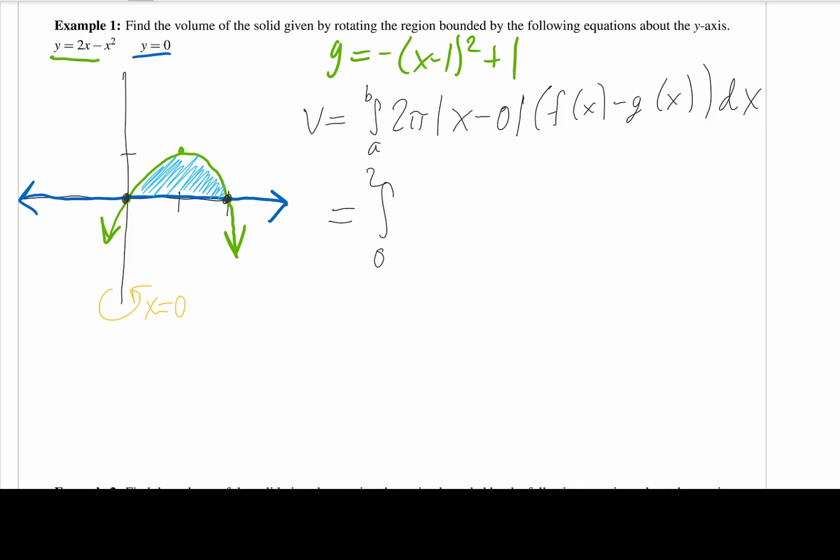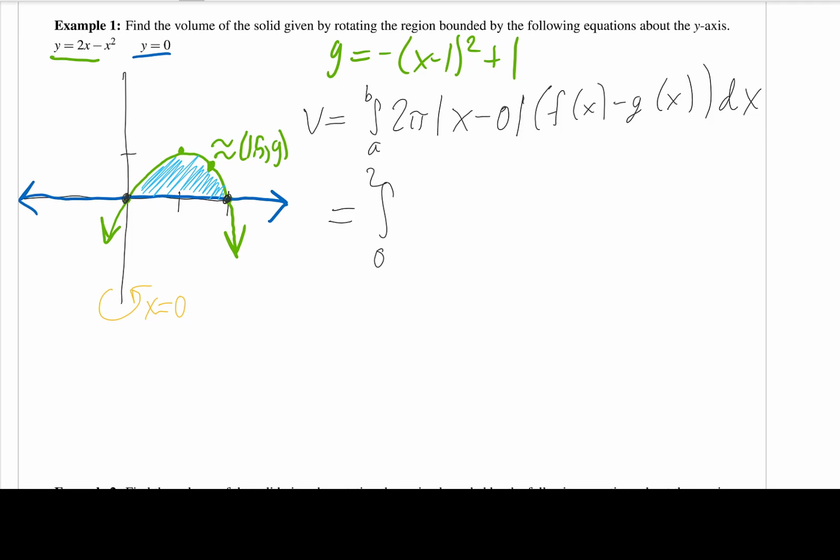That means if I take some random point on this green curve that's bounding our region, then we would want to do that point's x value minus 0 in order to get a positive number. For instance, if I take this point right here, I don't know what it is, but it's maybe approximately 1.5, comma some y value.